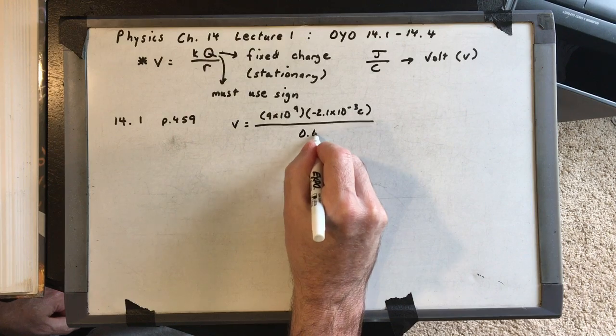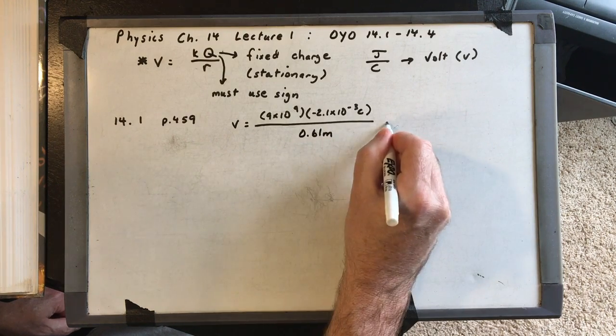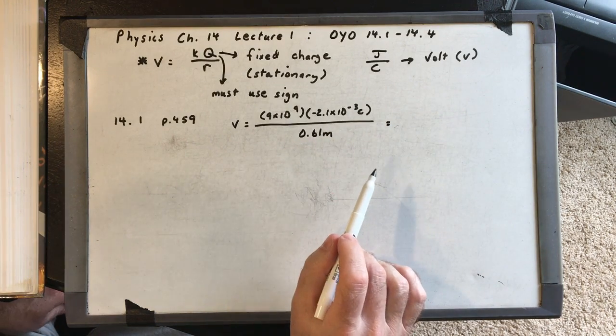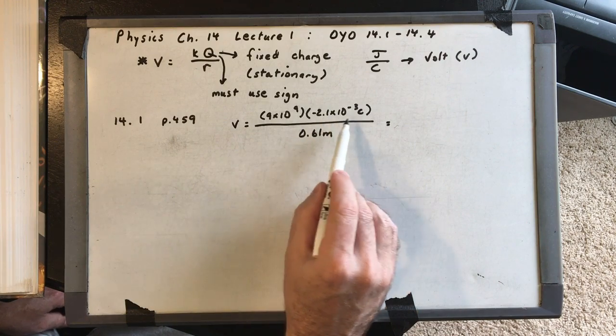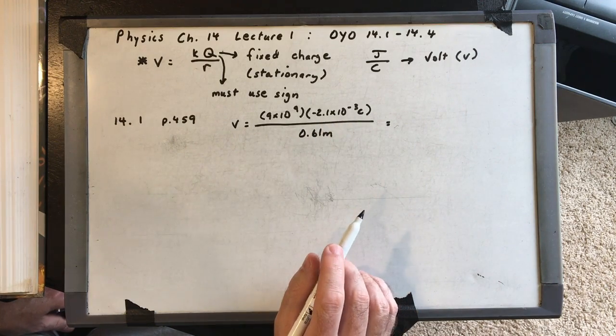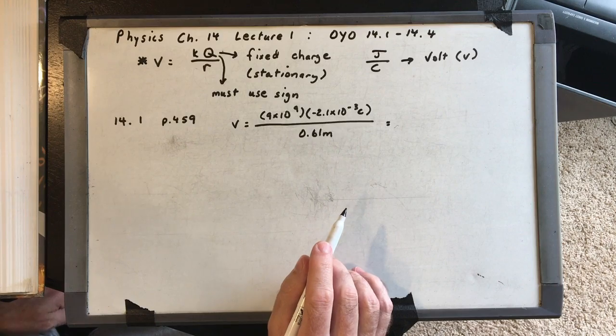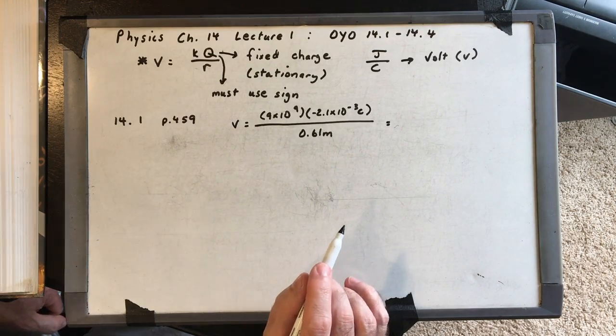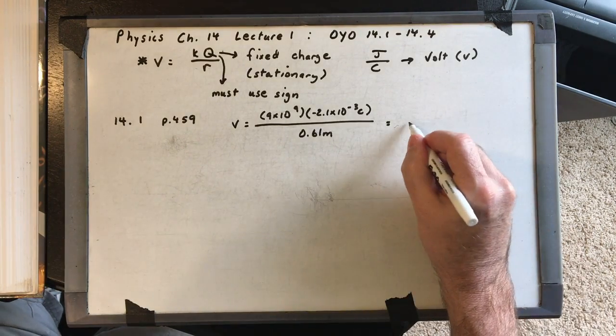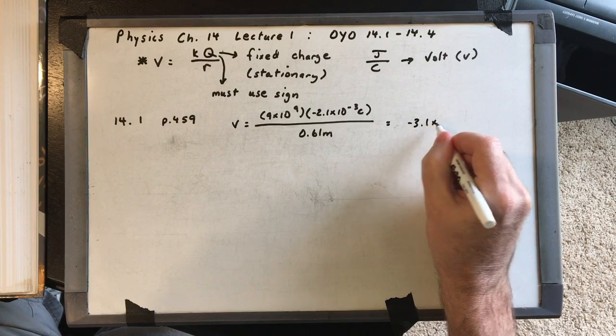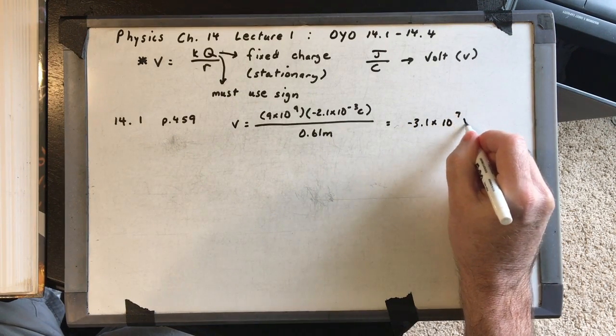So that's 0.61 meters. So you can see we didn't include that 4.1 coulomb charge in this because that was the moving charge. And if you'll place that in your calculator, you get negative 3.1 times 10 to the 7th volts.